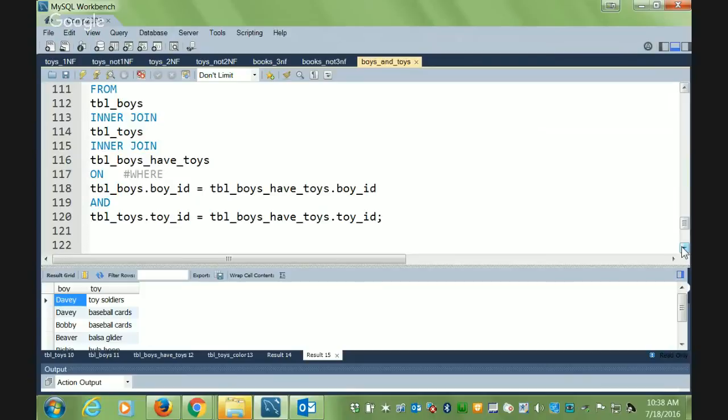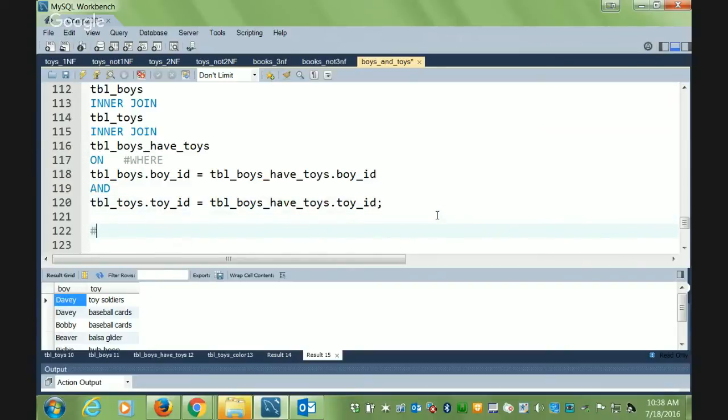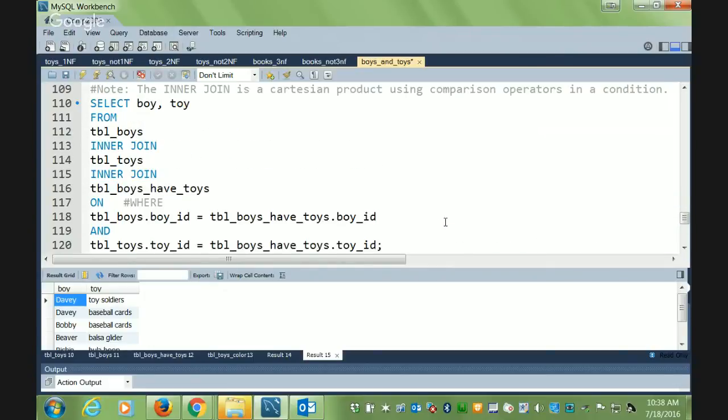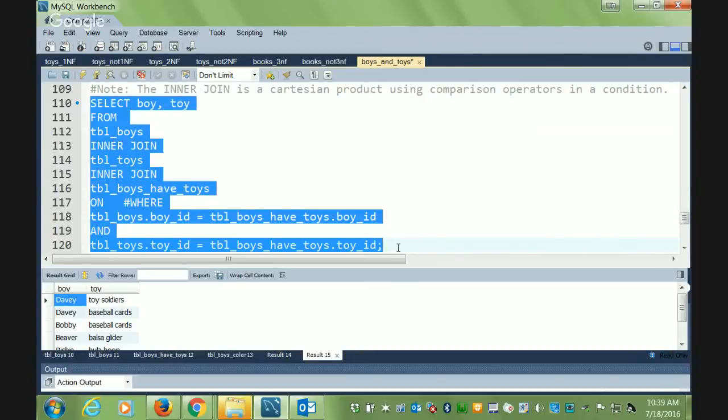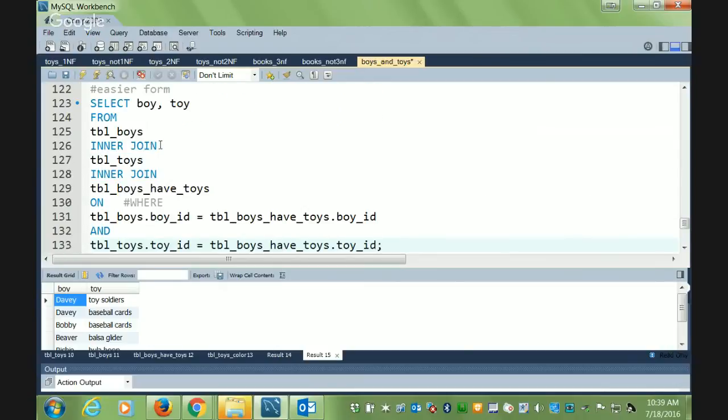Now, just so that you know, the easy form of this, another way you can write it. I don't want you to see the easier form first, because then, of course, you don't want to go the tough form. But anyway, we will stick to the easier one. Just copy and paste it for a minute. And instead of the word inner join, remove it.